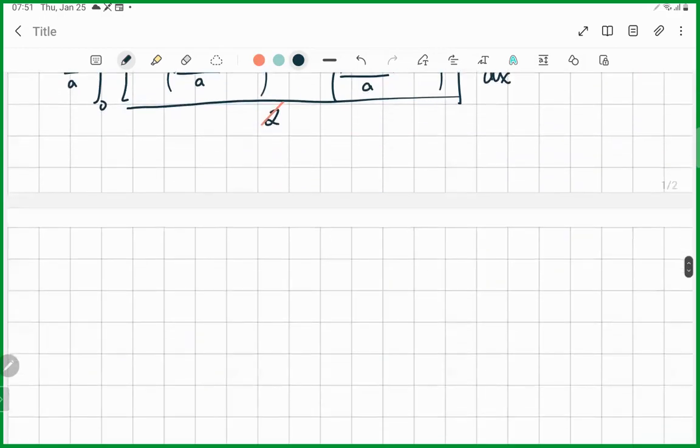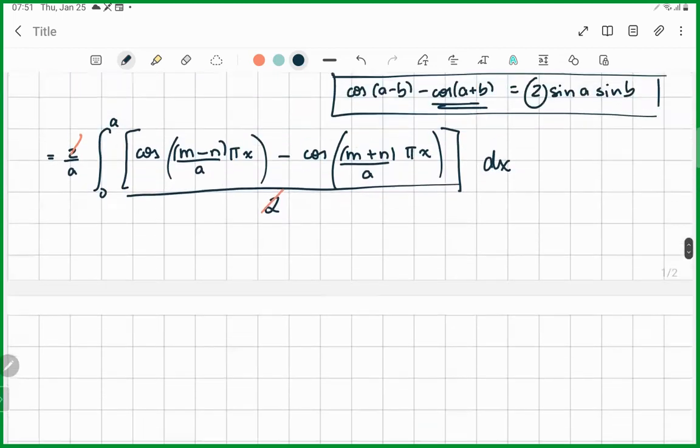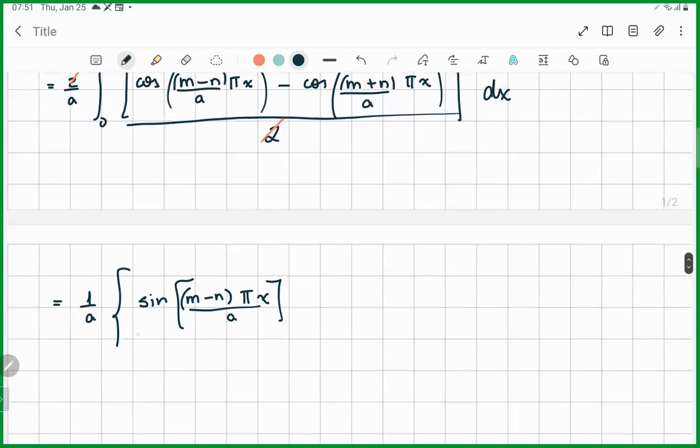We know how to solve an integral with just 1 cosine, correct? So then let's solve it. The first integral is going to be a sine, right? So sine of (m minus n) pi x over a, divided by that (m minus n) pi over a.